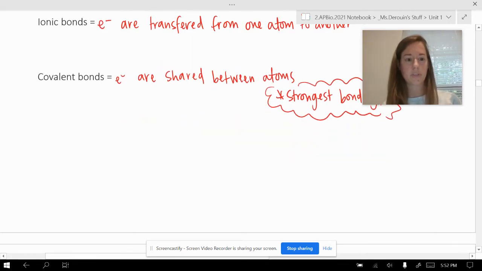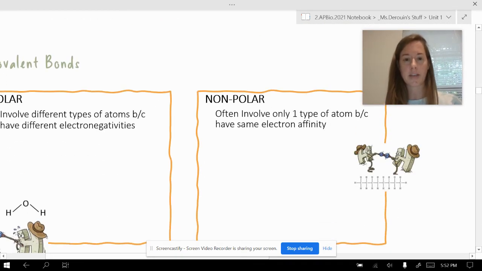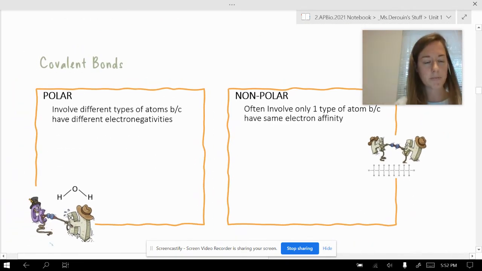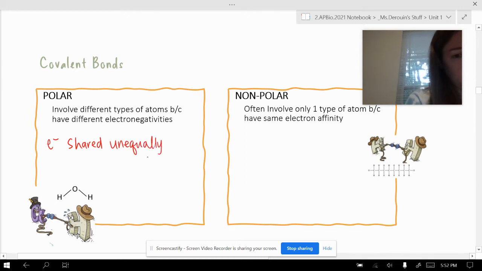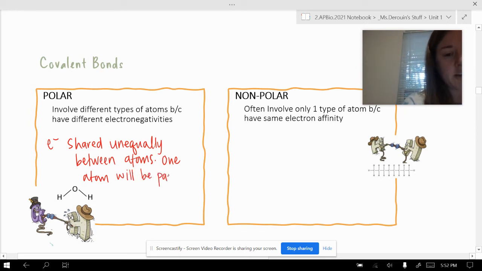Okay, two different types of covalent bonds that we have to talk about are polar and nonpolar. So polar covalent bonds mean that the electrons are going to be shared unequally between the atoms. So because of that, one of the atoms will be partially negative.